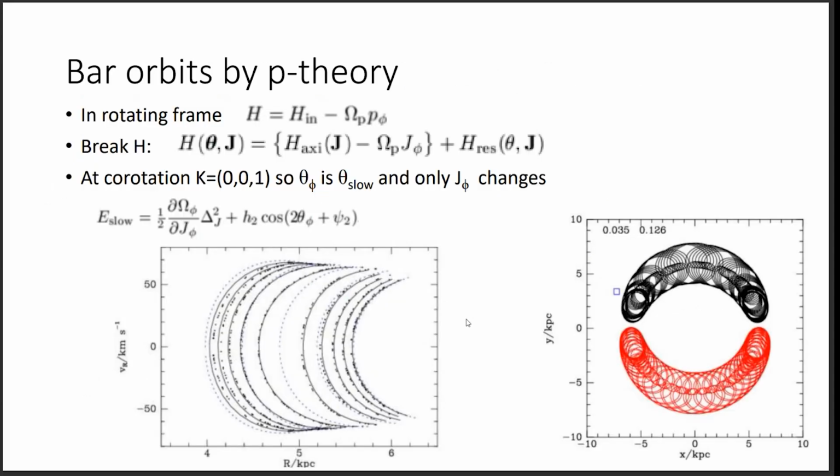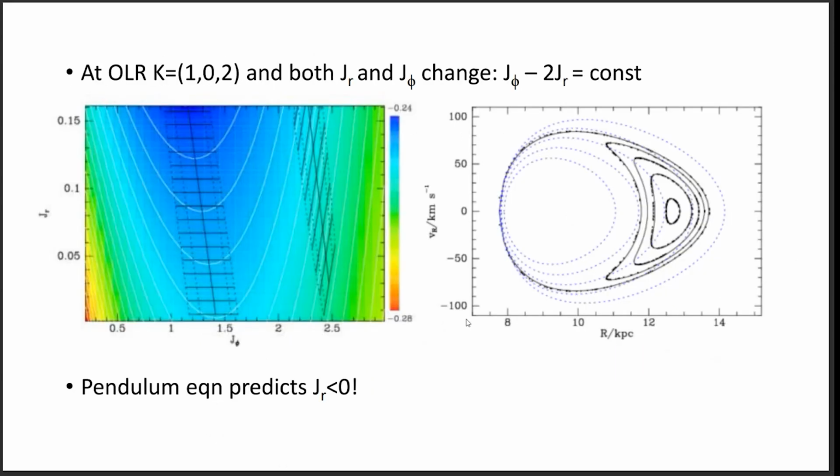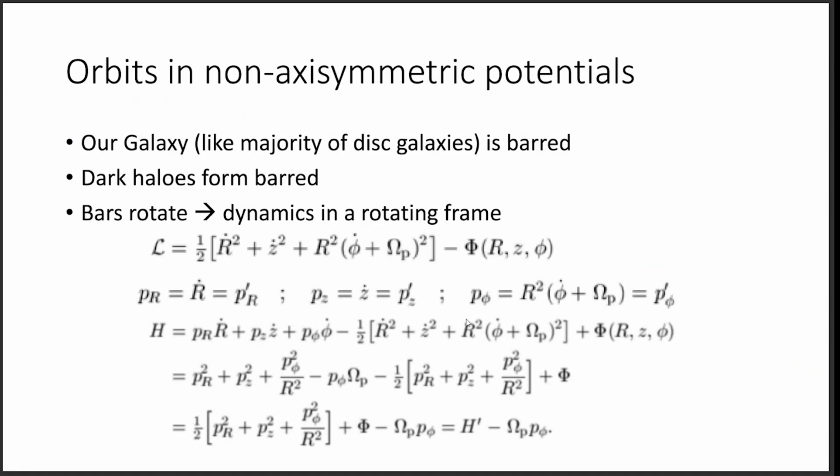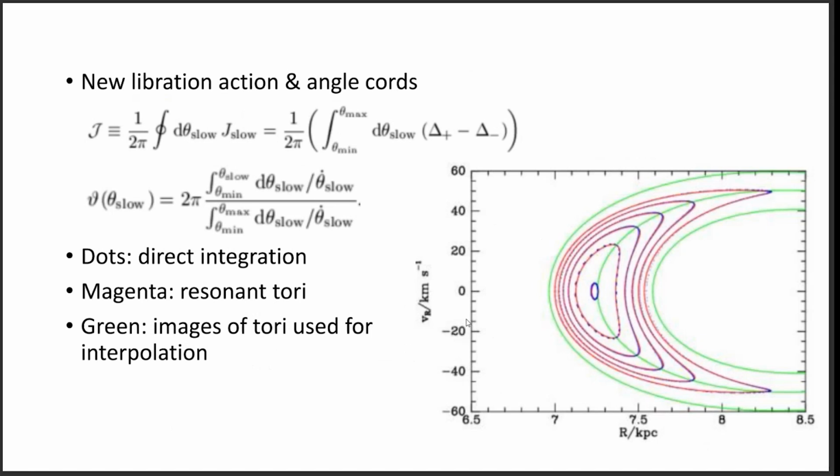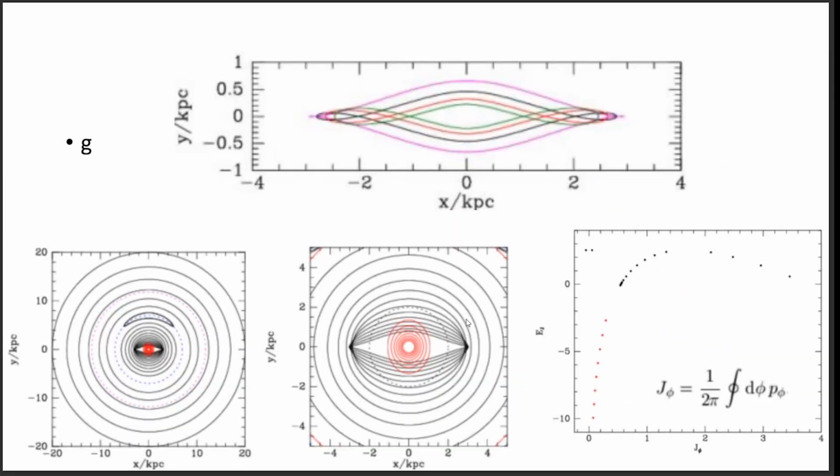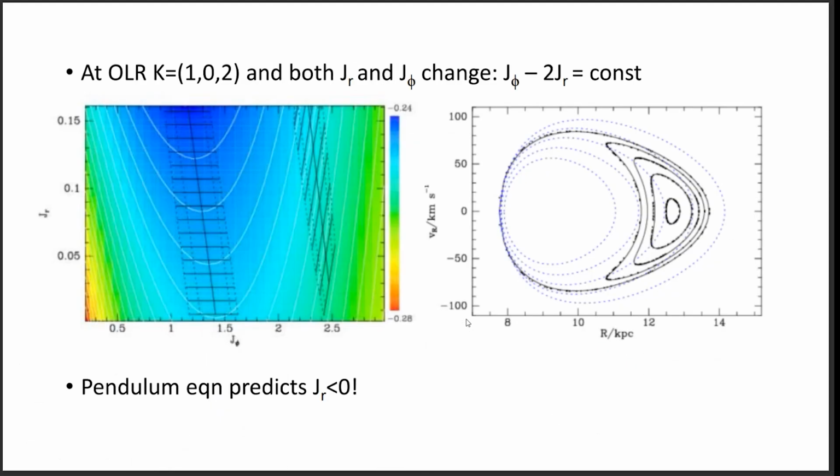Well, the co-rotation case does look different. This is more similar to what we saw here, right? General structure. The blue curves here are showing you the unperturbed angle action variables, well, the unperturbed toruses that are used to do the perturbation theory.